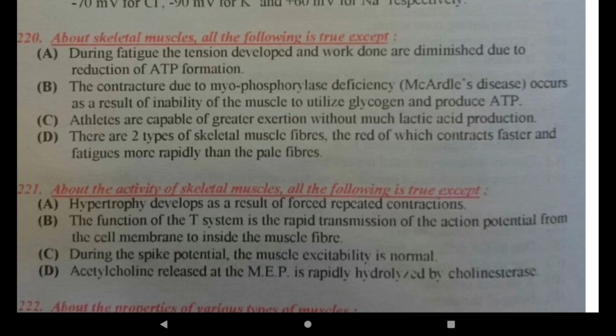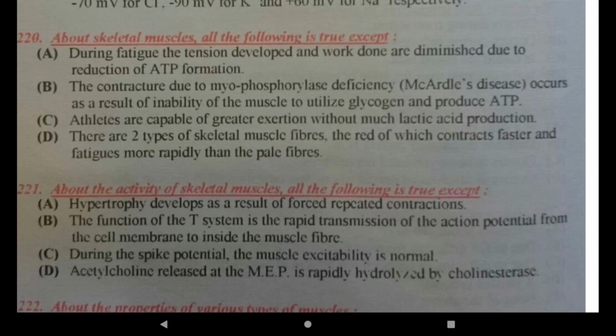C. Athletes are capable of greater exertion without much lactic acid production. D. There are two types of skeletal muscle fibers, the red ones, which contract faster and fatigue more rapidly than the pale ones. Good. We are supposed to choose the wrong alternative.